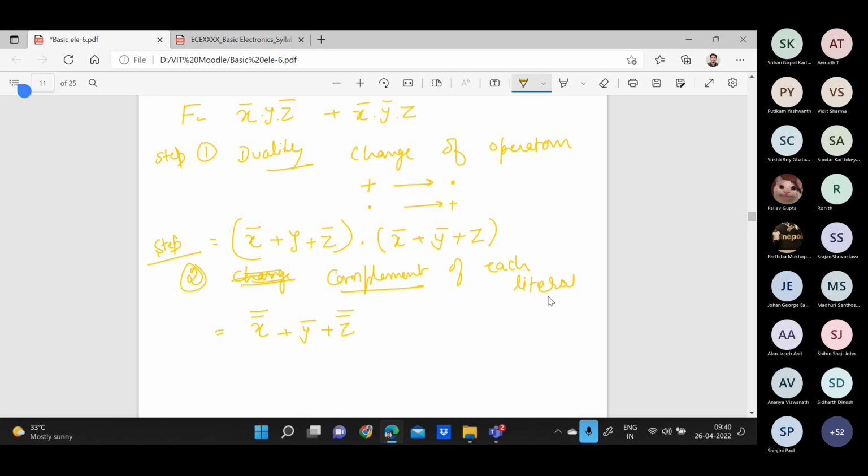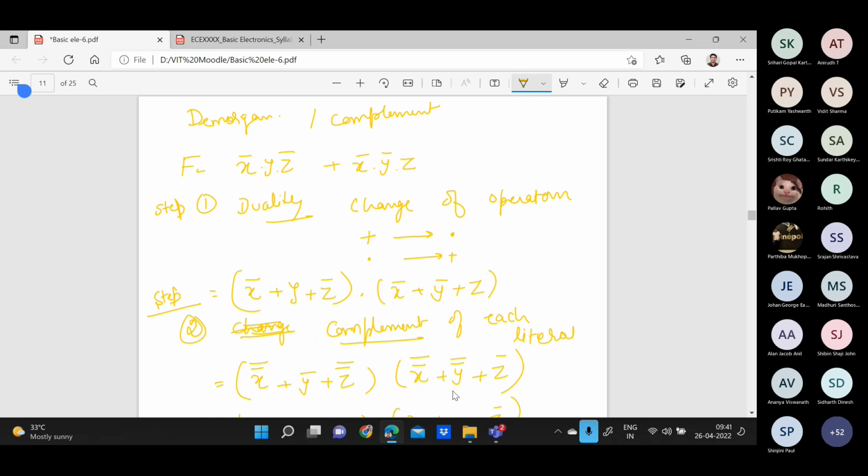Same thing here: x double bar plus y double bar plus z bar. Double bar is similar to the normal function, so two times complement gives you the same literal. So it will be x plus y plus z bar.